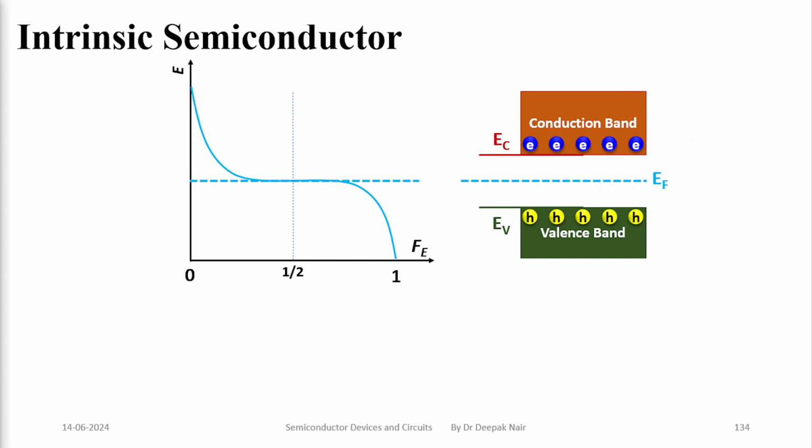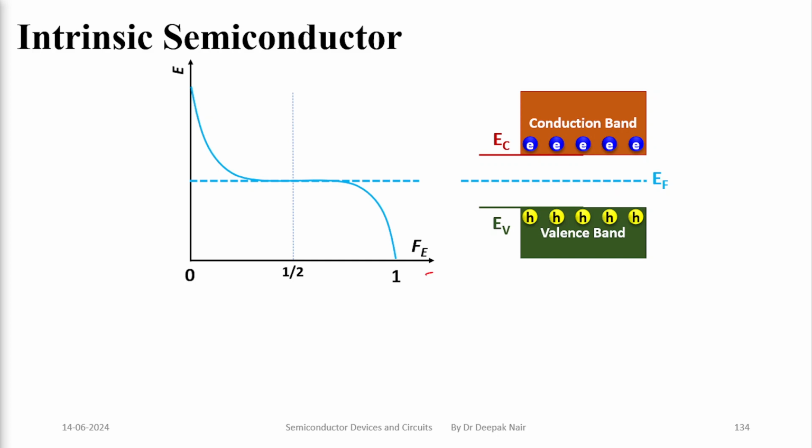In the previous lecture, we also saw that in the case of a pure semiconductor, the Fermi energy EF always lies in the middle of EC and EV, assuming that the effective mass of the electron is equal to the effective mass of the hole. In that case, EF will be in the center of EC and EV.